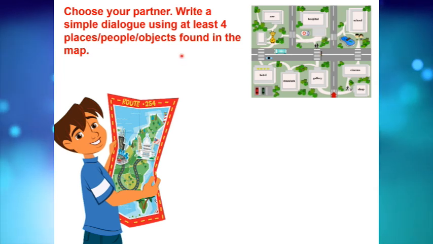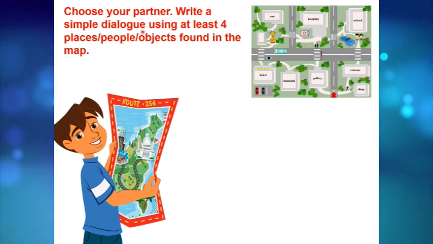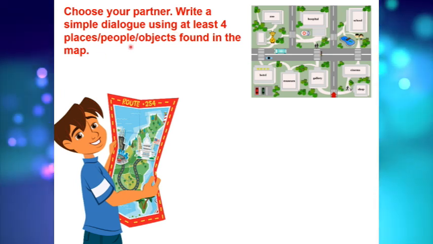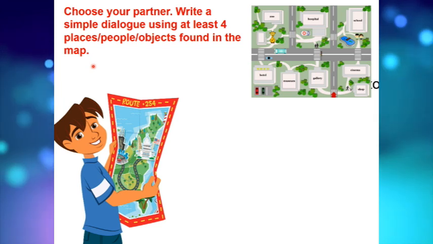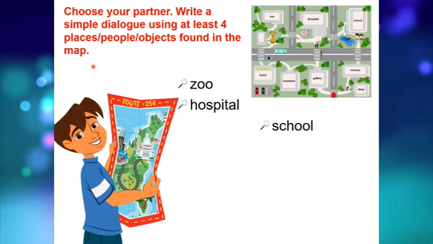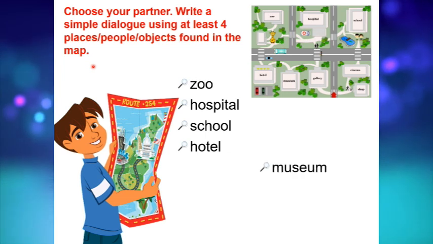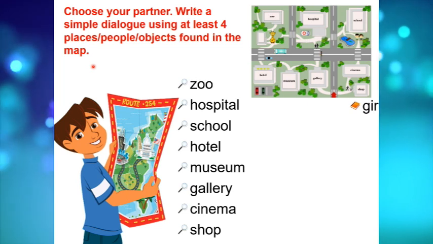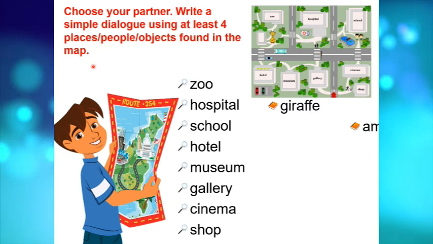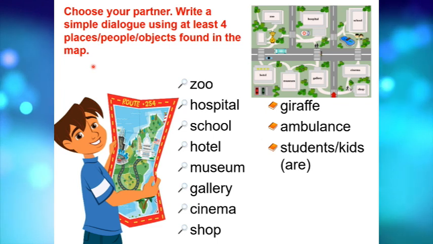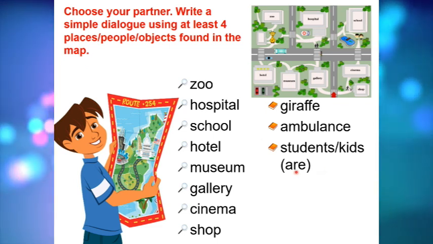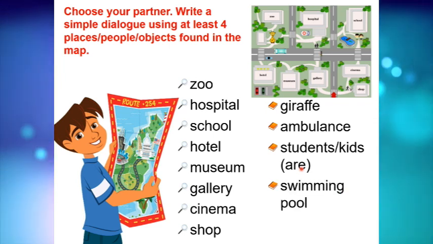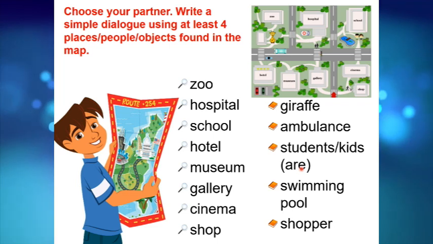Okay, your turn. Choose your partner. Write a simple dialogue using at least 4 places, people, objects found in the map. Example: zoo, hospital, school, hotel, museum, gallery, cinema, shop, giraffe, ambulance, students or kids, and you need to use the linking verb are, swimming pool, and shopper.